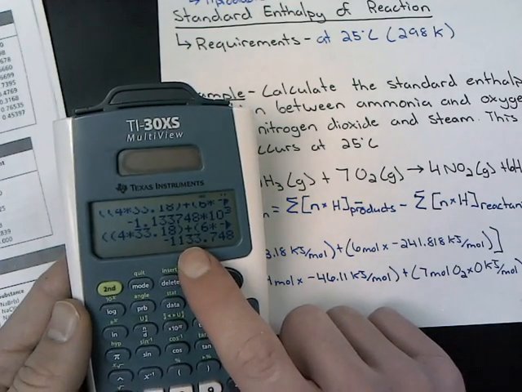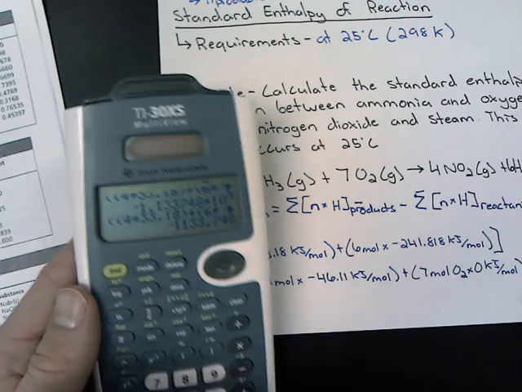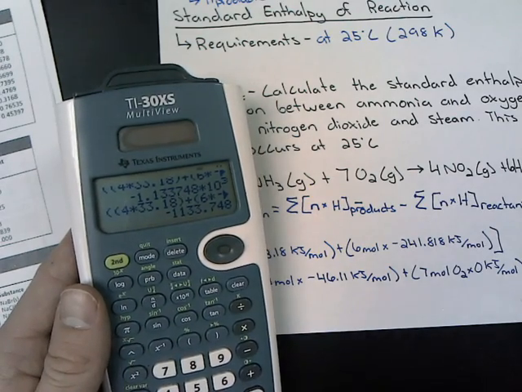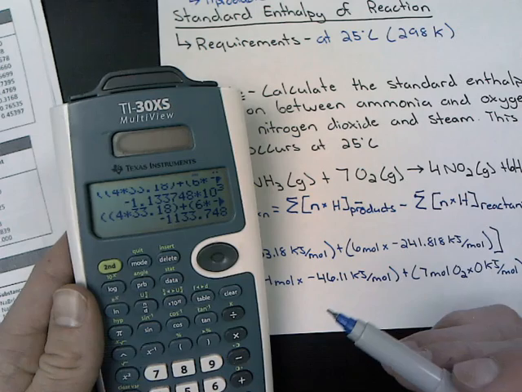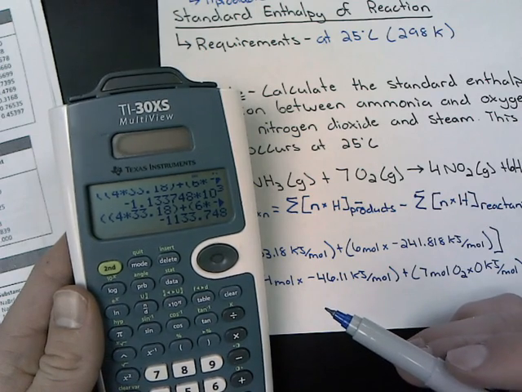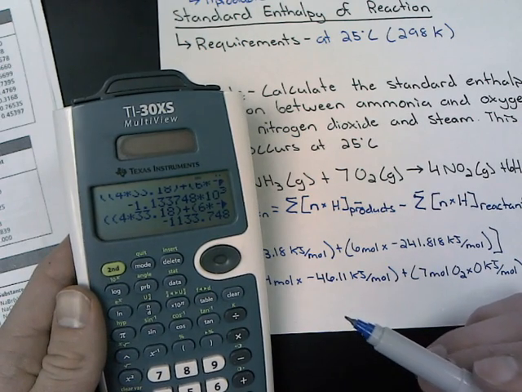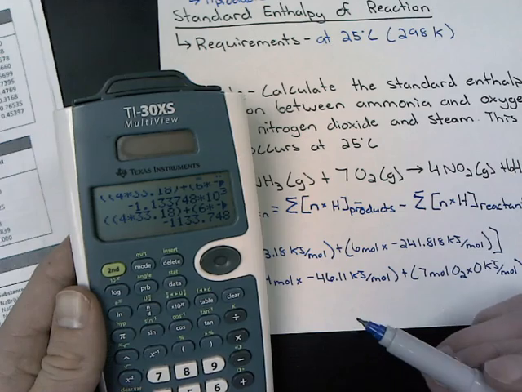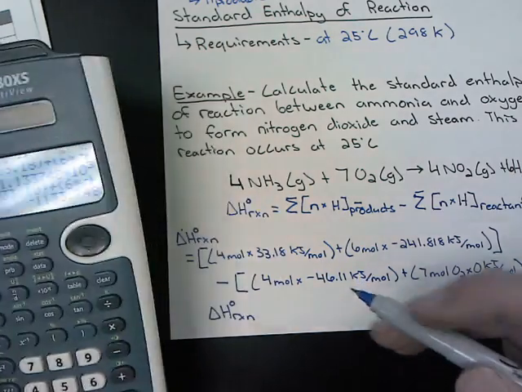When I did that, the value for the delta H of the reaction becomes negative 1,133.748 kilojoules for that reaction.